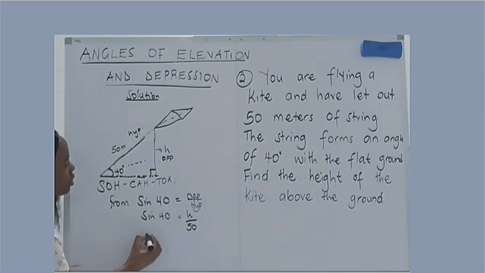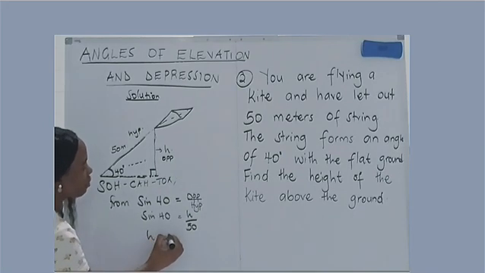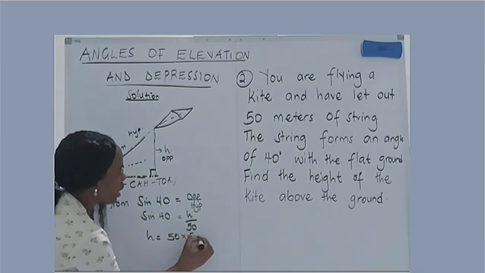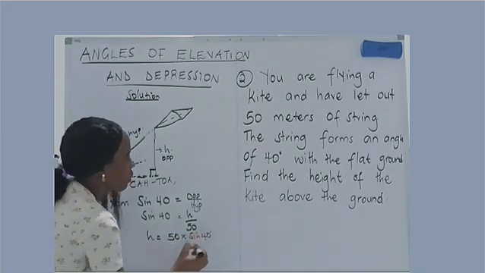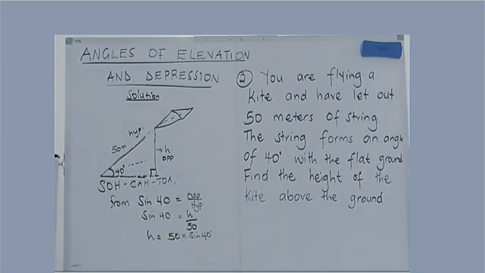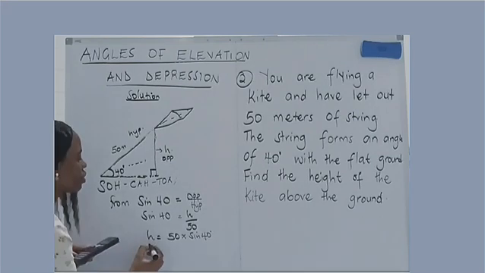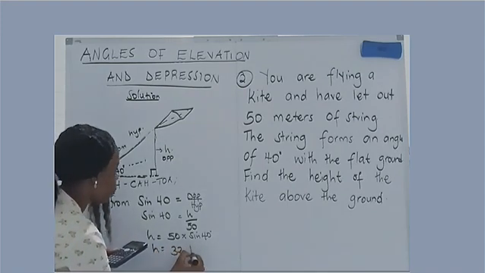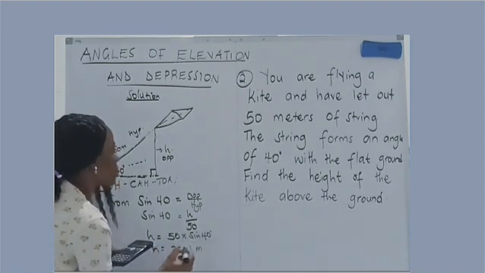The height is going to be 50 multiplied by sine 40. You press 50 times sine 40. So your height is going to be 32.1 meters.